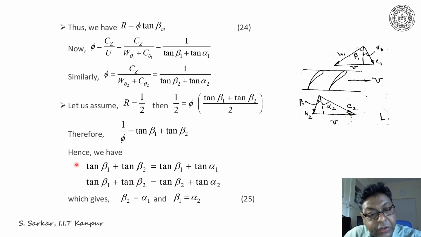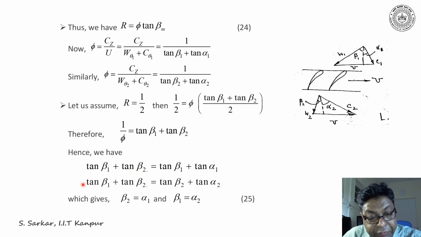So I have got two relations, that is tan beta 1 plus beta 2 is equal to tan beta 1 plus tan alpha 1. Now this tan beta 1 will cancel out from both the sides. So what I'll get? Alpha 1 is equal to beta 2.